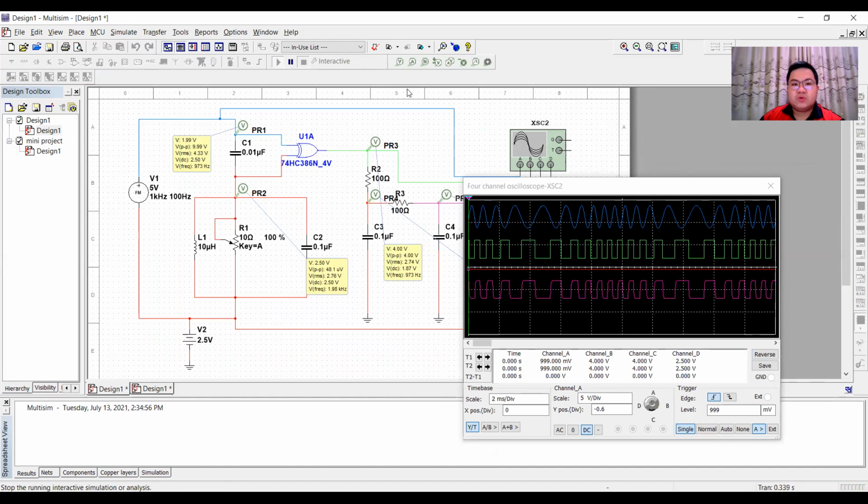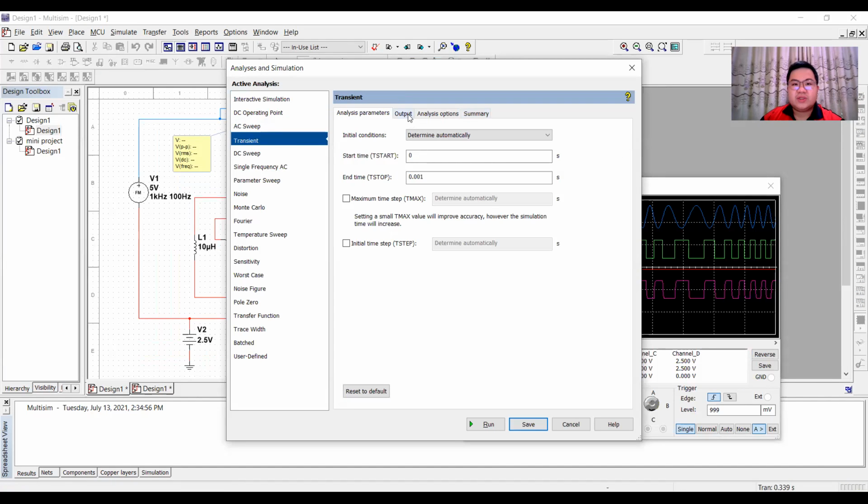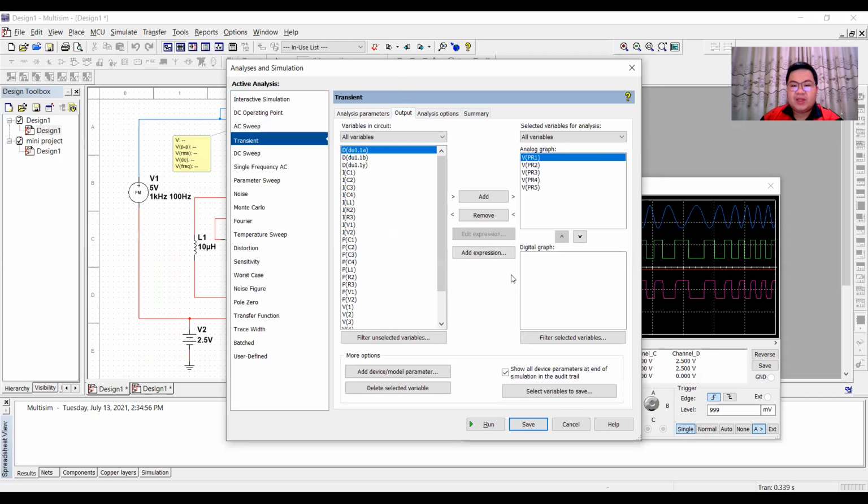If we want to use the transient, same, we can choose transient, then change to 0.00334. Then for the output, check this 5 pin. If we want only 2, we can also do that, for the comparison of the voltages, to see which voltage leads, or the amplitude of this voltage.